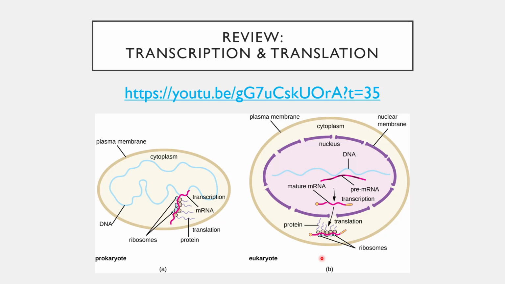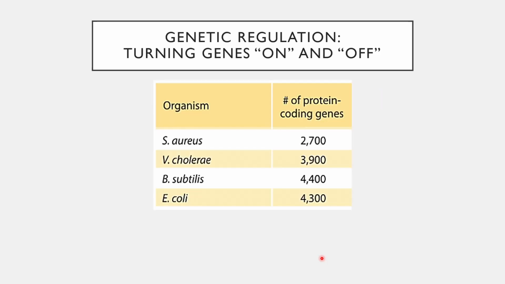So let's go back to that idea that the DNA is a library full of different sets of instructions, and take a look at a few different examples of prokaryotic species and the size of the libraries that they have. So Staphylococcus aureus, for example, is a species that we've been working with in our laboratory, and its genome is estimated to contain 2,700 protein coding genes, or in other words, genes that represent an instruction manual for making protein.